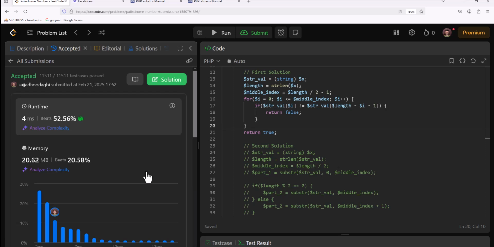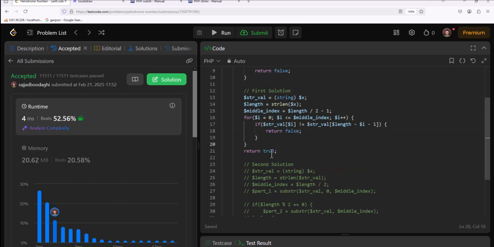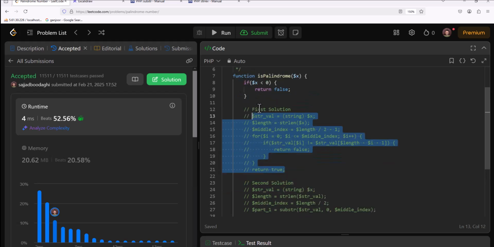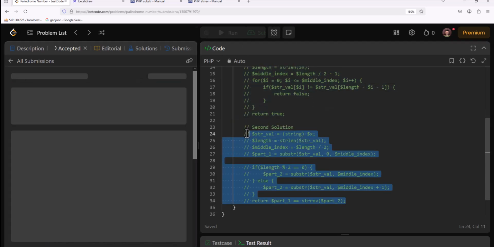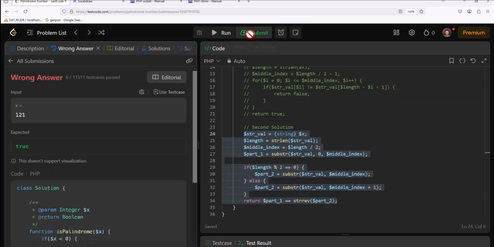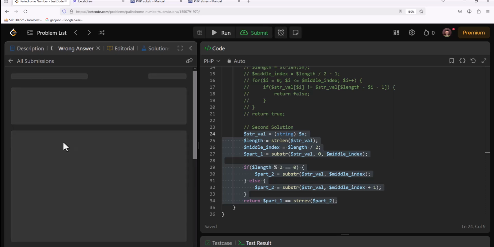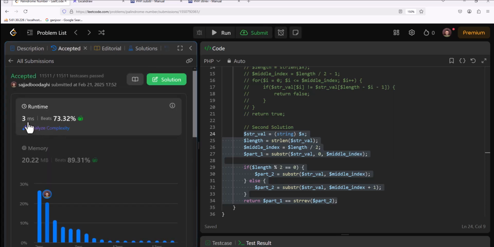Okay, and also we can check the memory here. 20, what was the other one? Say second solution, 20 megabytes and 20%. Okay, oh my god, what?